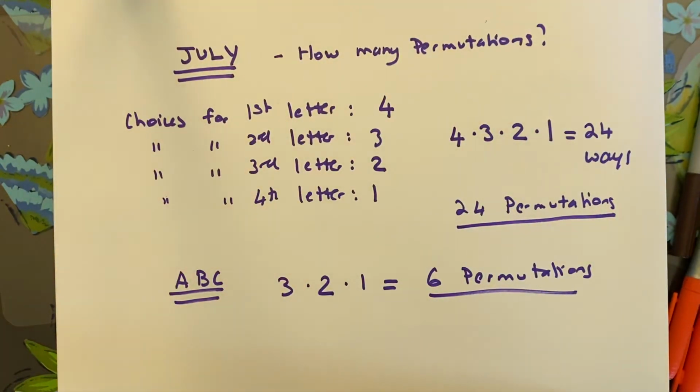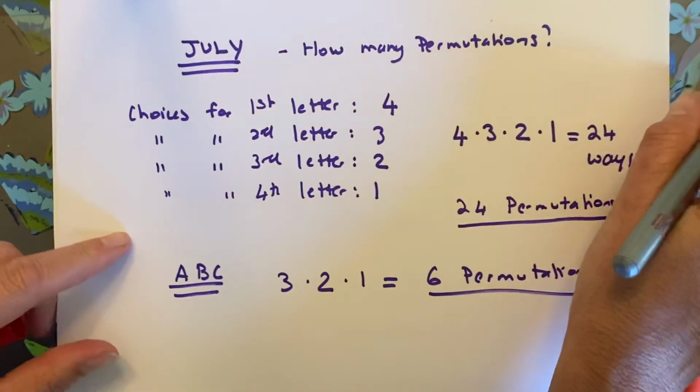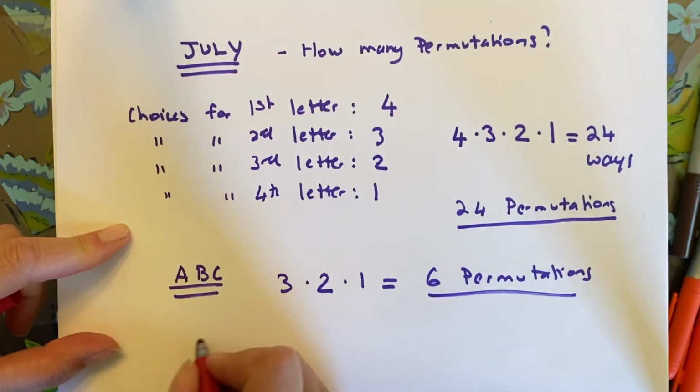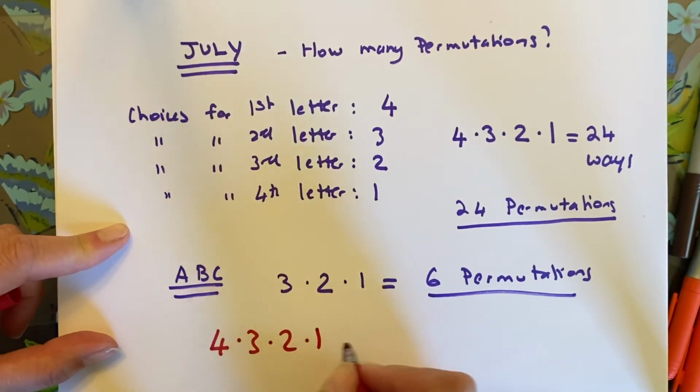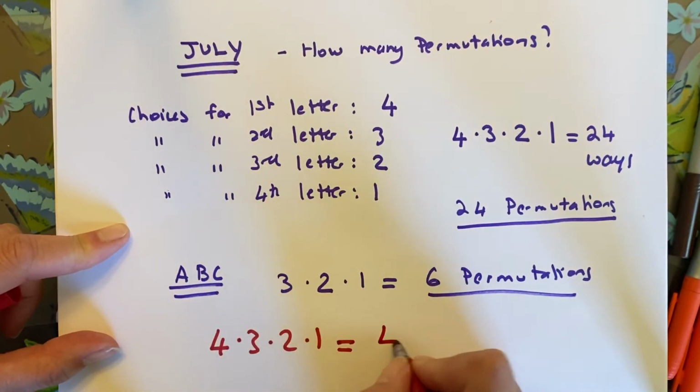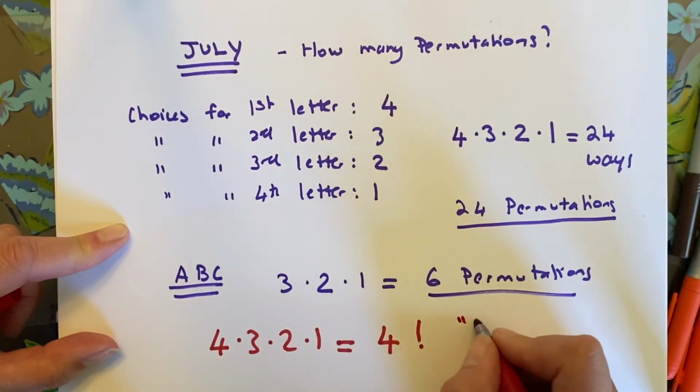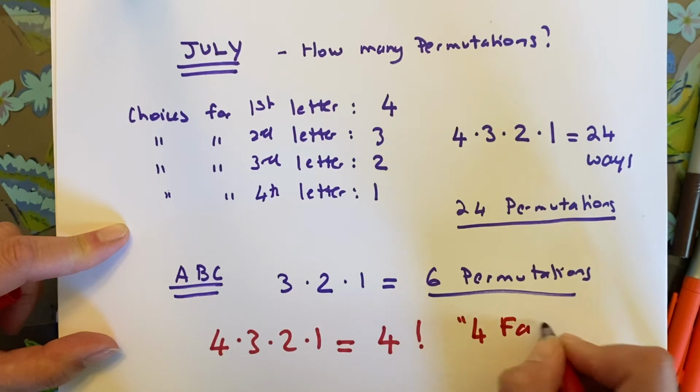This has a special name, what I just did here, which many of you may remember. 4 times 3 times 2 times 1 is the same as 4 with an exclamation point, and we call that in words 4 factorial.